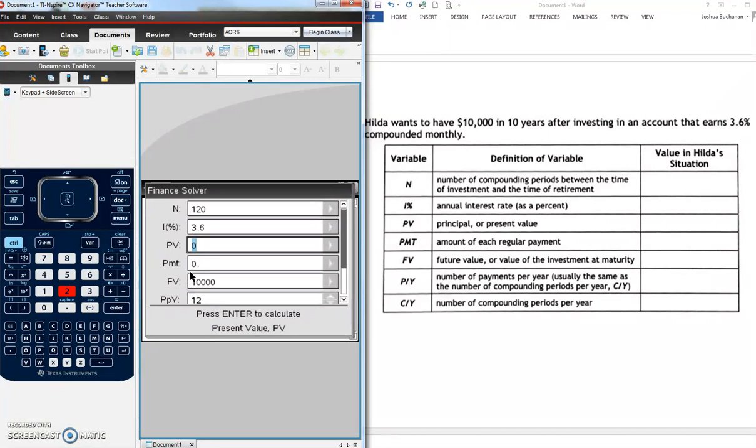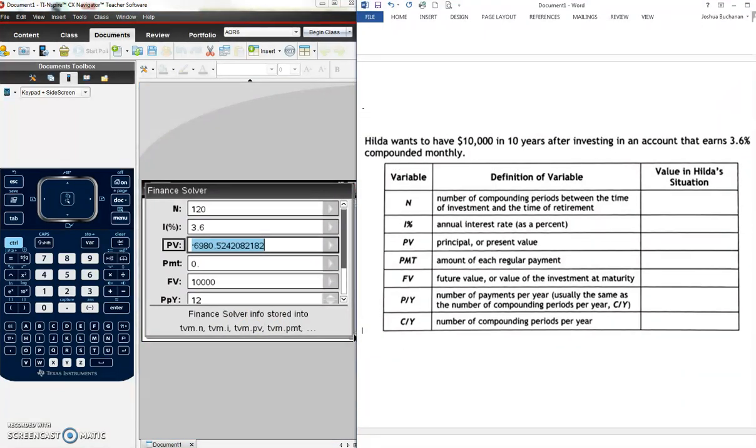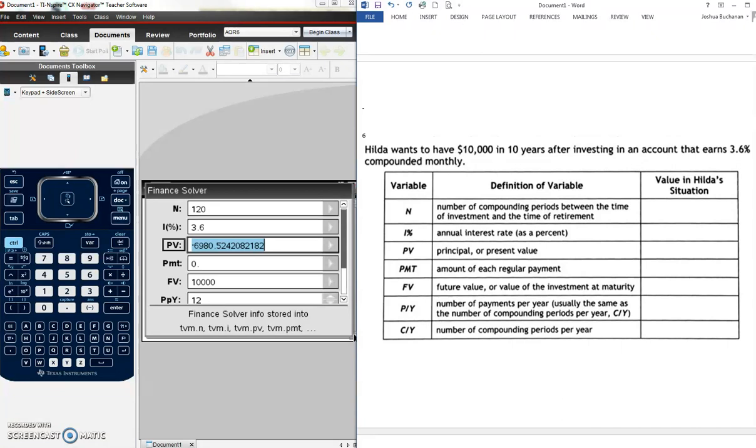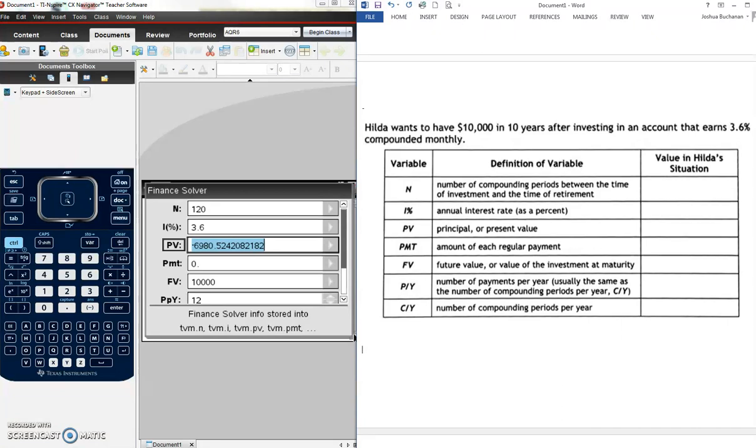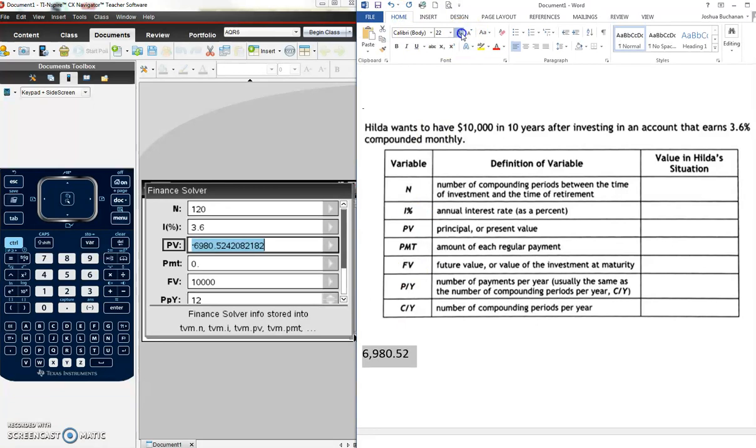So make sure that your highlighter is on present value, and make sure at the bottom it says press enter to calculate present value. So we hit press enter, and this means that we need $6,980.52 in order to have $10,000 in 10 years.